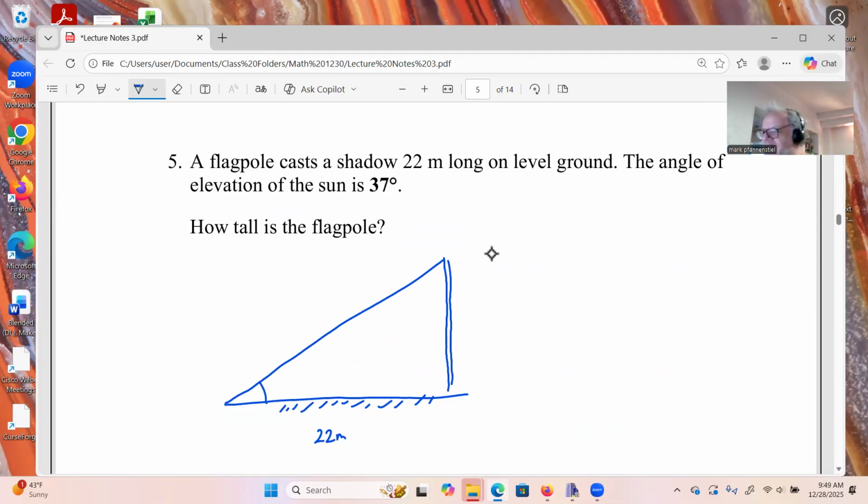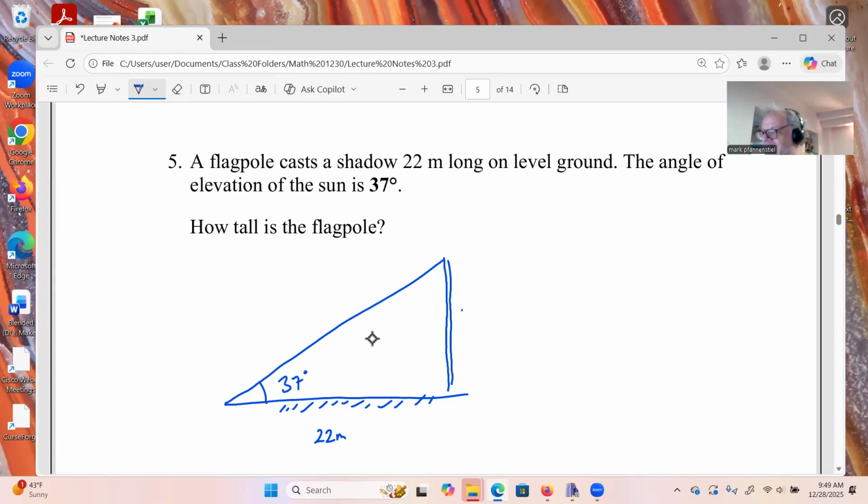And my angle of elevation here is 37. How about 37, not 73? It is 37 degrees here. So it must be early in the morning or late at night, or in the evening rather. And they want to know what's going on here. This is 22. Okay, how tall is the flagpole?